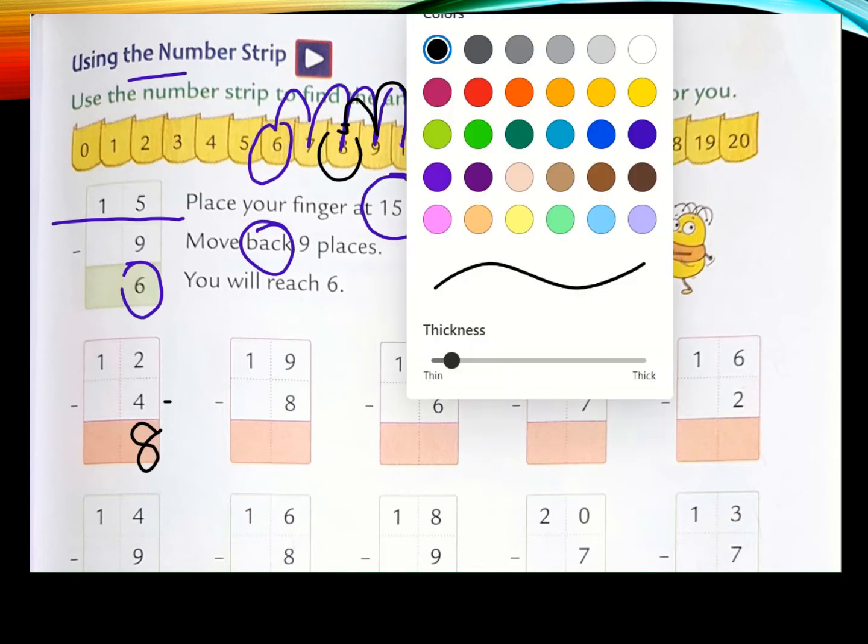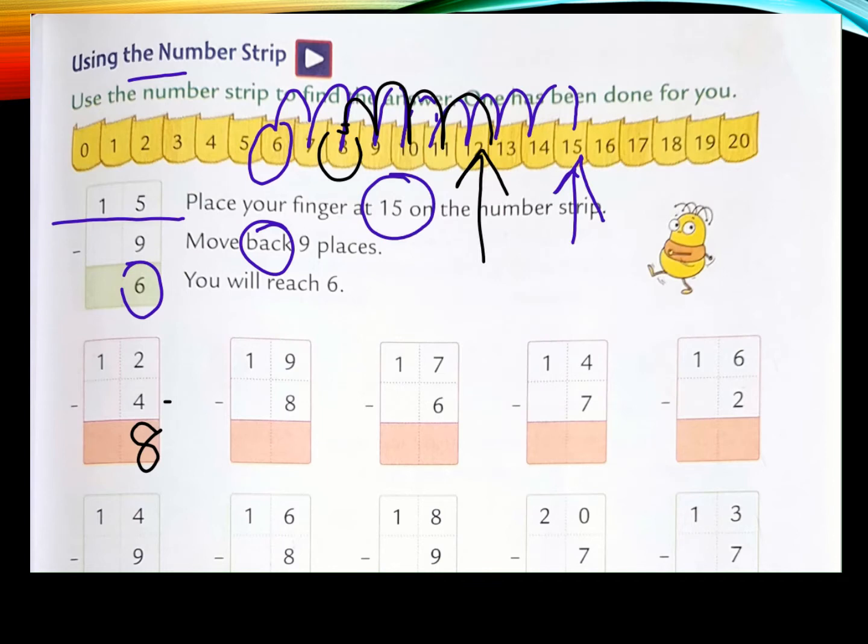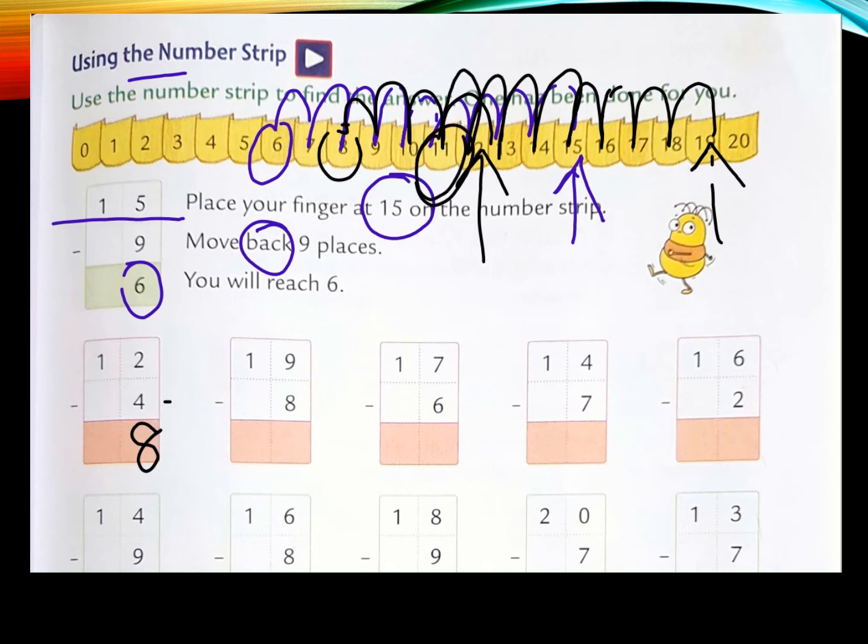Next, keep your finger on number 19 and count 8 numbers back. 1, 2, 3, 4, 5, 6, 7, 8. So what is your number? 11.